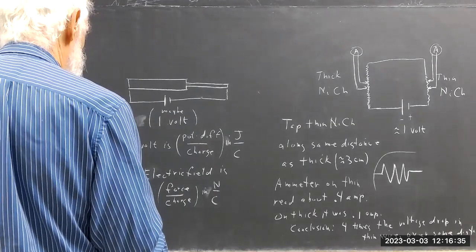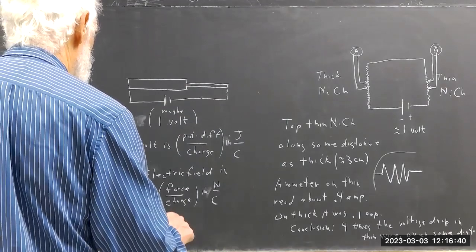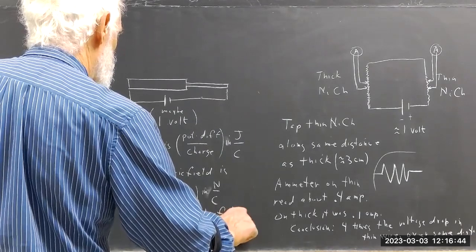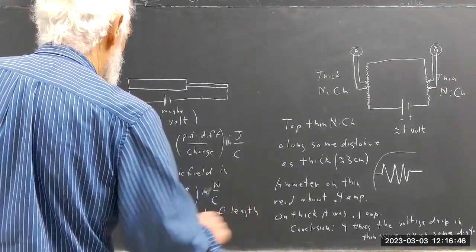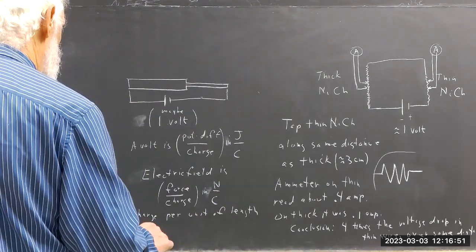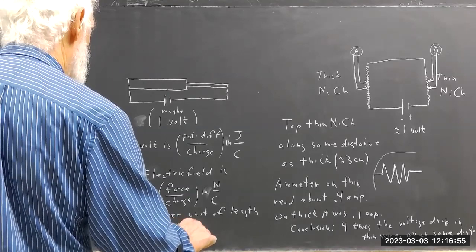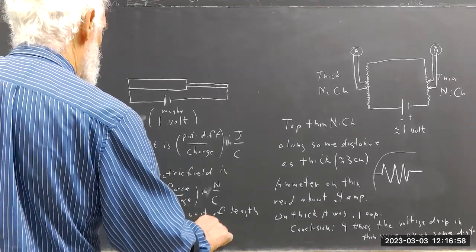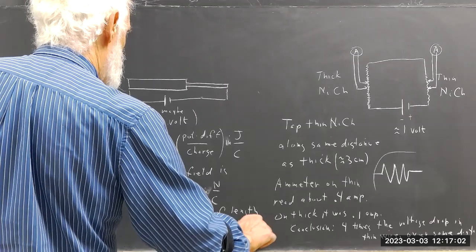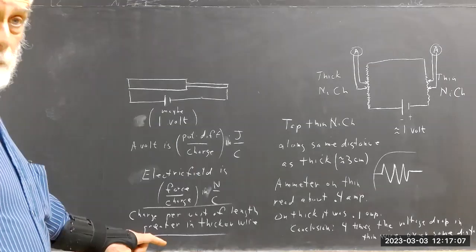Okay, so the charge per unit of length is greater in the thicker wire.